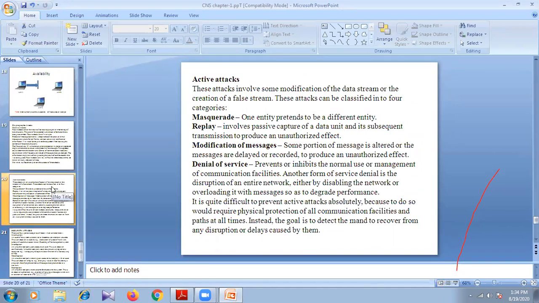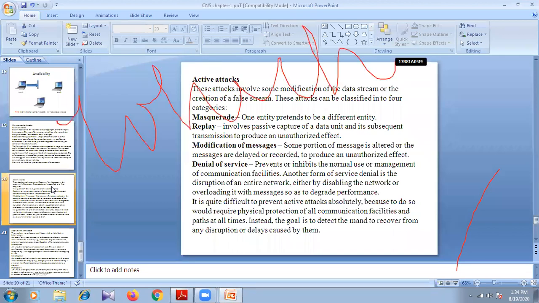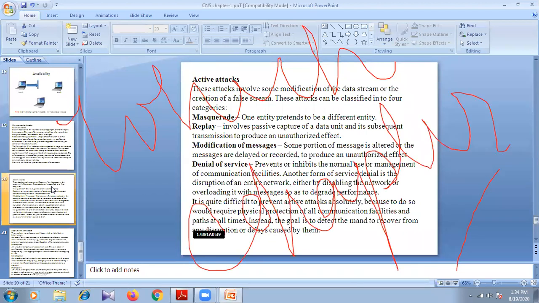Next one is the active attacks. In active attacks, you can modify the data. Here we have four categories. First one is masquerade, second one is replay, third one is modification of messages, and fourth one is denial of service.